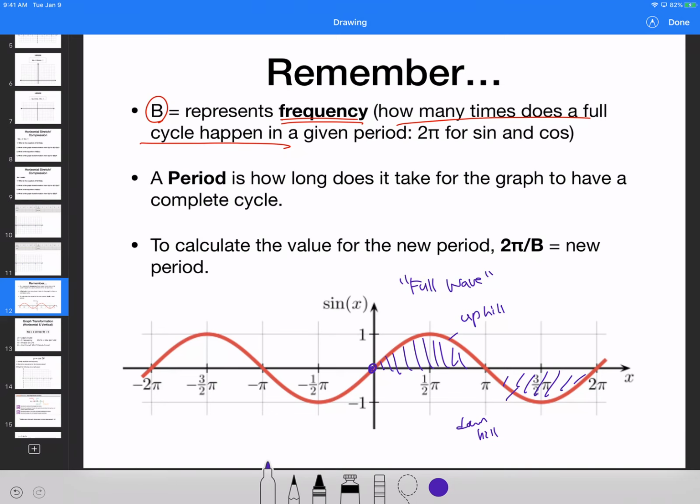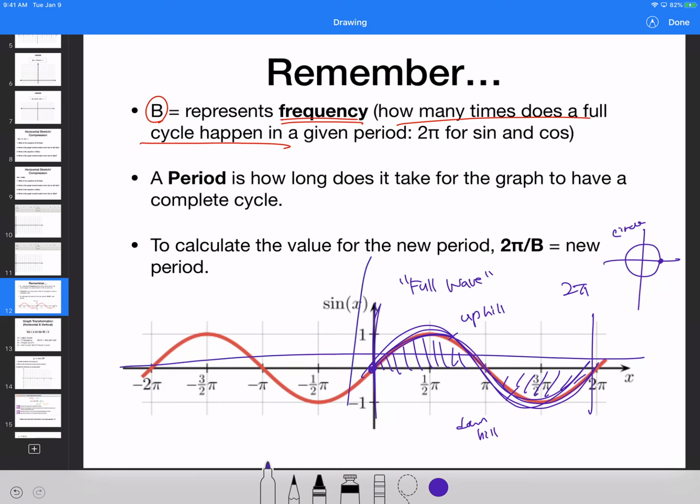Okay? A full wave has these components, and this right here is considered one full wave from 0 to 2 pi. And if you take a look at the unit circle, from 0 to 2 pi creates one full circle, right? And if you extend that on an XY grid, that's what happens. One full wave happens, not a circle.